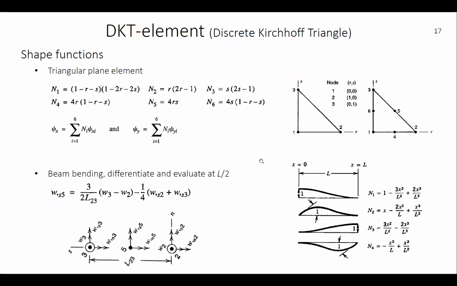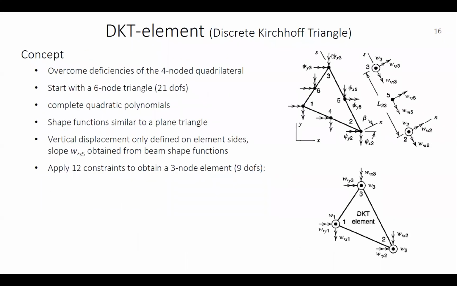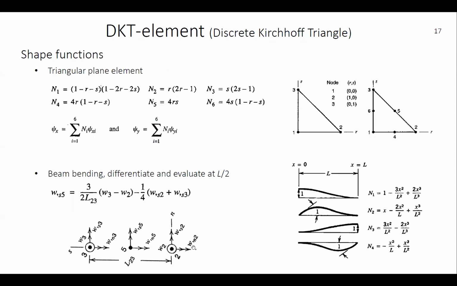And if you look at one of the edges of the element, say from node number 2 to 3, which was described over here. So take this part of the picture from node number 2 to node number 3. The slope of the mid node number 5 here is described using the shape functions for beam bending, which we also find in a previous chapter in the book.